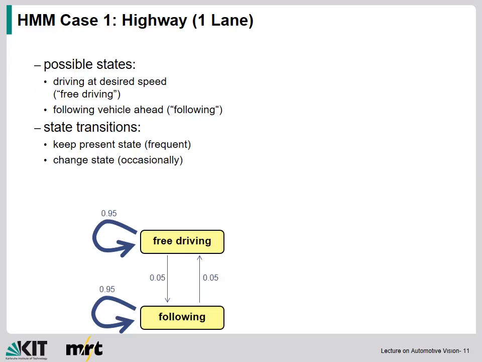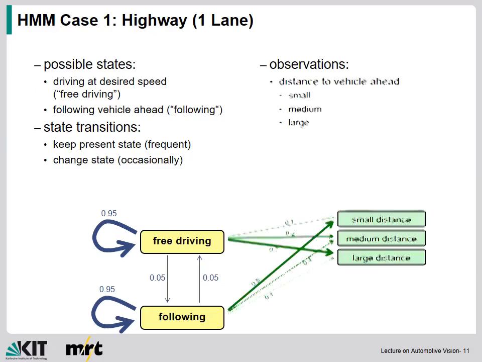We could also put some probabilities to the arrows, and at that point let us assume that we just use our driver's experience, our own expertise, to derive these numbers. So in this case, for instance, 5% for changing the driving mode and 95% for staying in the same state.